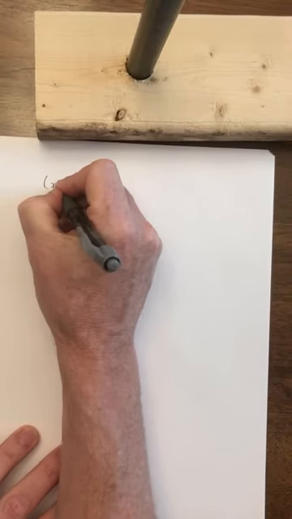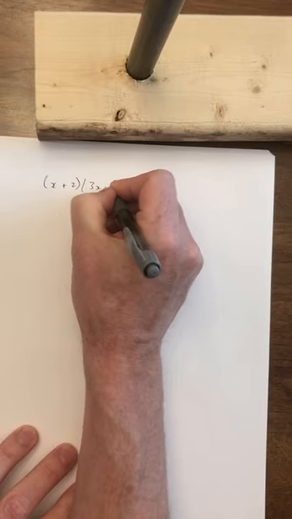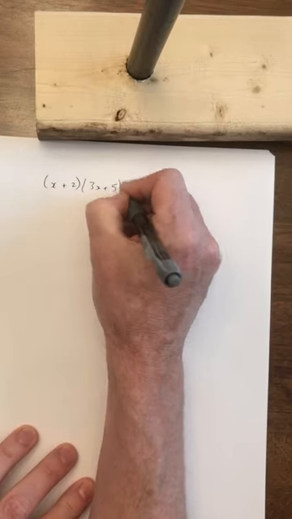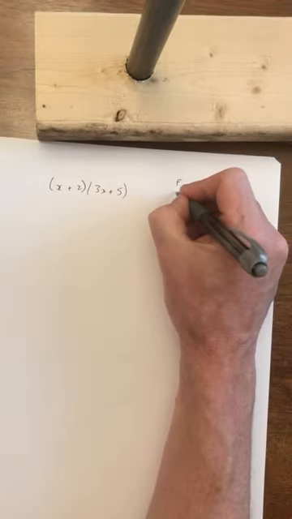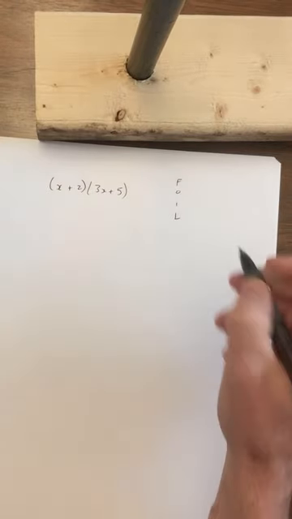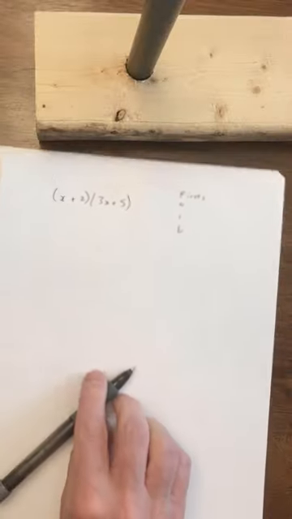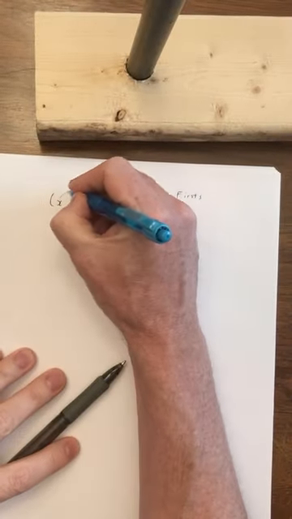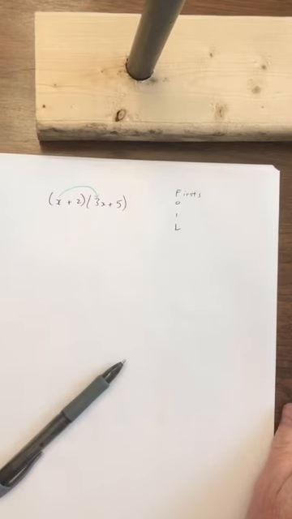I don't care which method you use, the one that's easiest for you, the one that will lead to less mistakes, the one that you understand. But the FOIL method is this. FOIL is an acronym that stands for firsts, which means that we're going to multiply together the first term in each of these binomials.